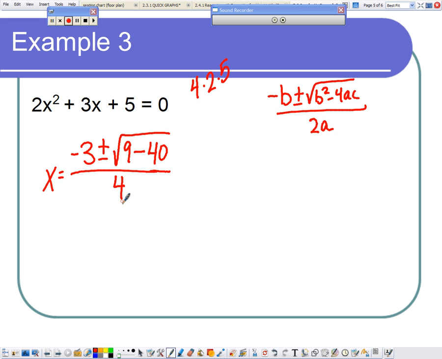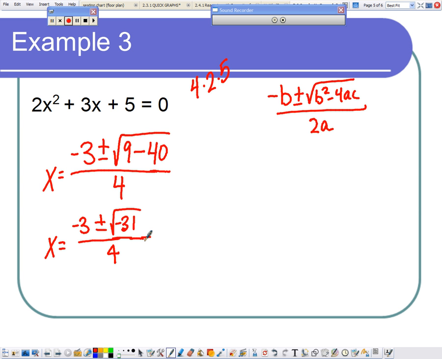Okay? All right. So then x equals negative 3 plus or minus the square root of 9 minus 40, which is going to give me a negative 31. And remember, we mentioned earlier when we were talking about complex numbers that occasionally you will get a negative that ends up under the radical sign.